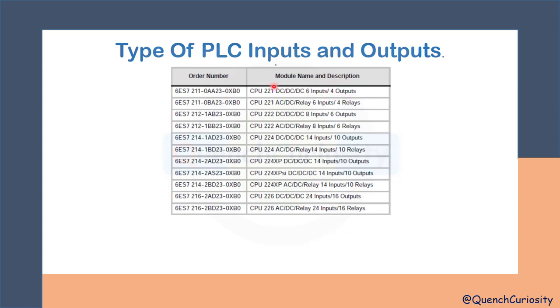Our concern over here is about only this DC/DC/DC. Now what is this DC/DC/DC, AC/DC/relay? Before moving forward, I just want you to understand why I am going to talk about this AC/DC relay, DC/DC type.